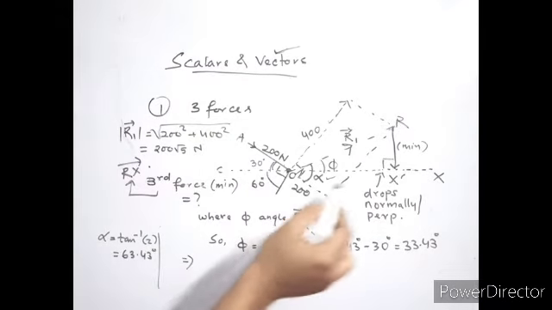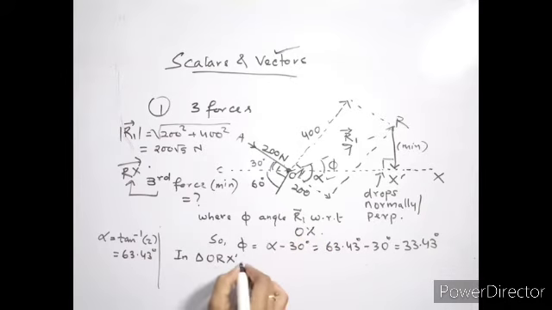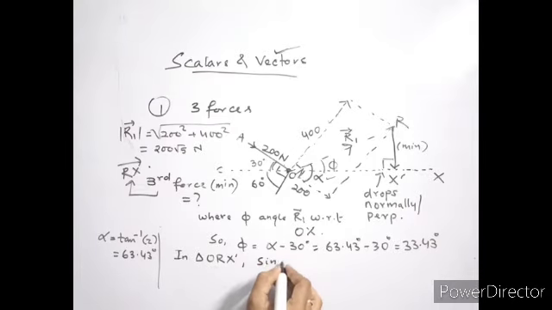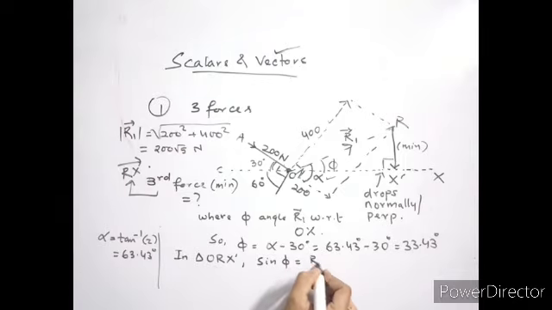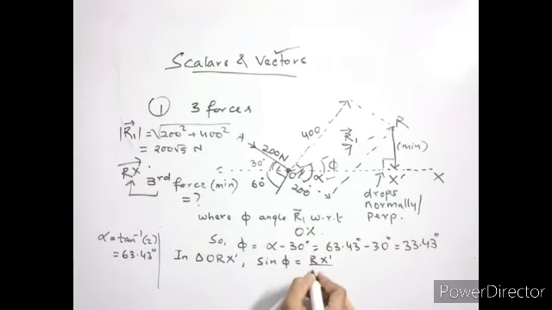Now from the value of phi we can consider the triangle O, R and X prime, yes, that's the triangle, and from that triangle we have the value of sine phi to be equal to the perpendicular, that is RX prime, divided by the hypotenuse, that is OR.